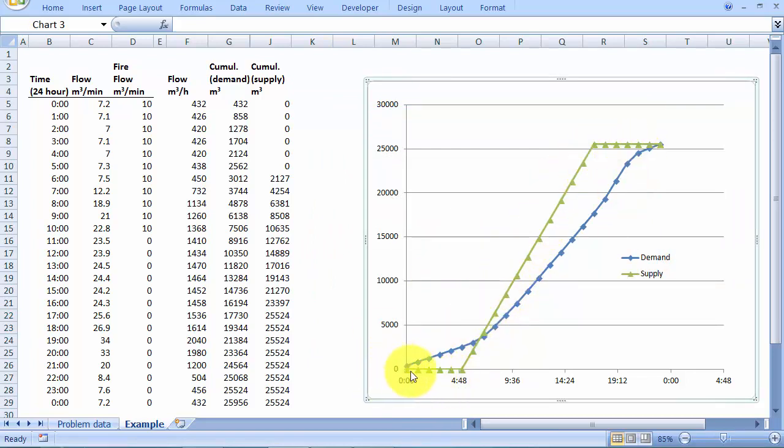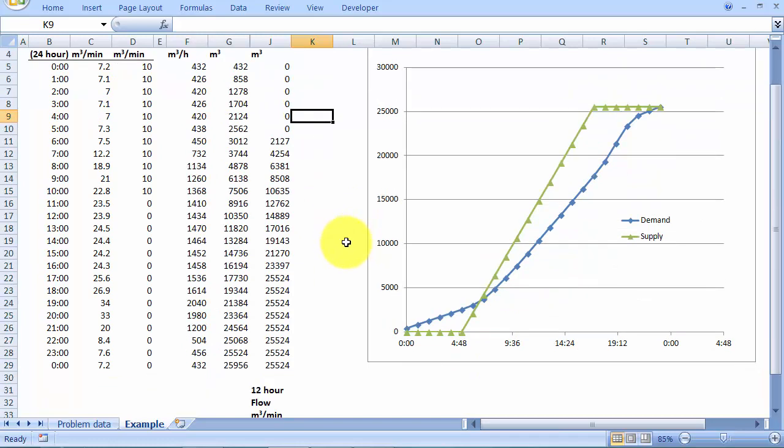For the first part of the day, demand gets a significant lead over supply until we turn the pumps on, when supply quickly catches up and exceeds the demand. And then there's this portion of the day where for everything after 6 p.m. all of the water that is going to be needed by the general populace will be kept in the tank. So it needs to have that much water space in reserve.